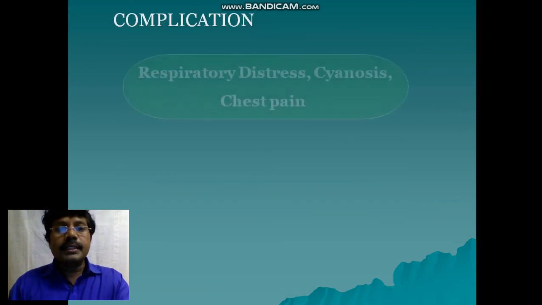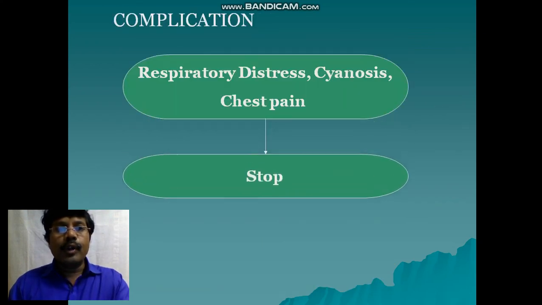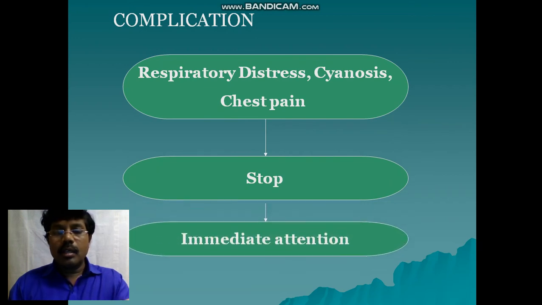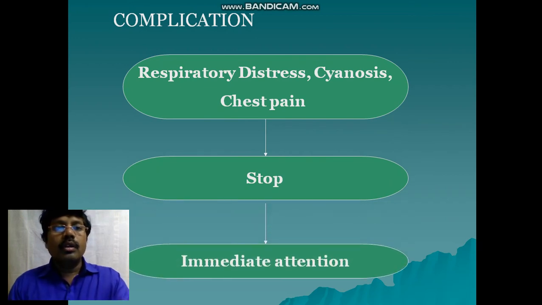If you see respiratory distress, cyanosis and chest pain, these are more serious, life-threatening complications. If you see these, you must immediately stop the blood transfusion, attend to the patient and revive the patient.